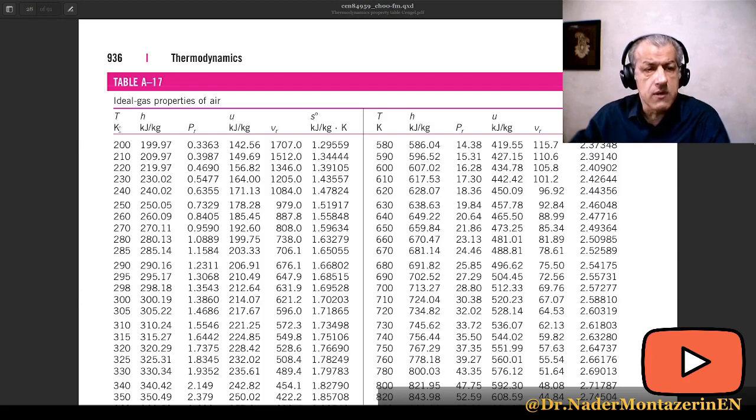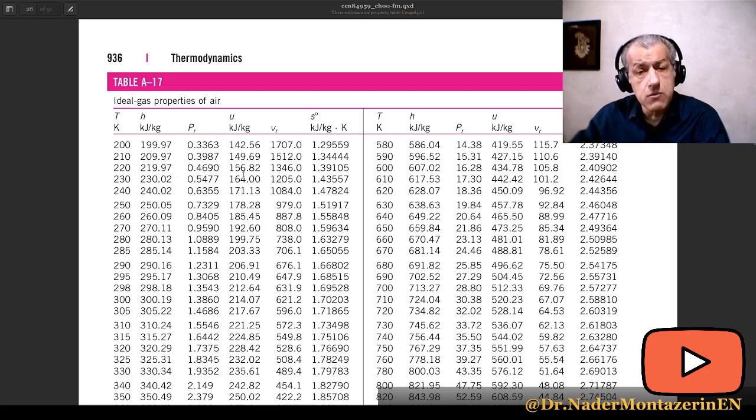You have different temperatures in the first column, and then enthalpies in the second column. You see that for a perfect gas, enthalpy is just a function of temperature. Then you have PR, which is directly proportional to pressure.